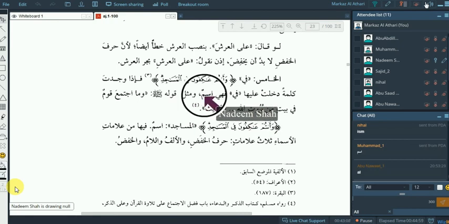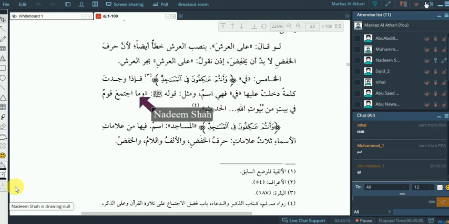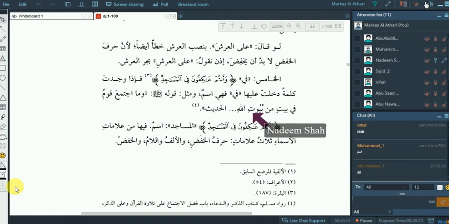So, Shaykh said, if you find a word that has fi before it, then definitely it is an ism, as is in the ayah, and also as the Messenger of Allah sallallahu alayhi wa sallam said, وَمَا اجْتَمَعَ قَوْمٌ فِي بَيْتٍ مِنْ بُيُوتِ اللَّهِ. You can remember the end of that hadith or a portion of it.